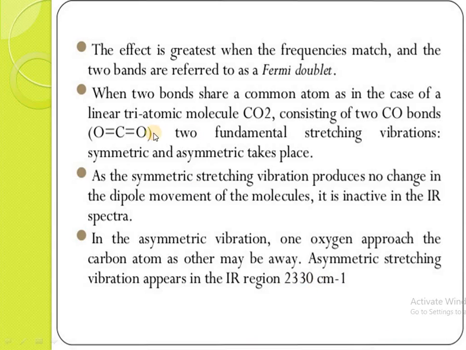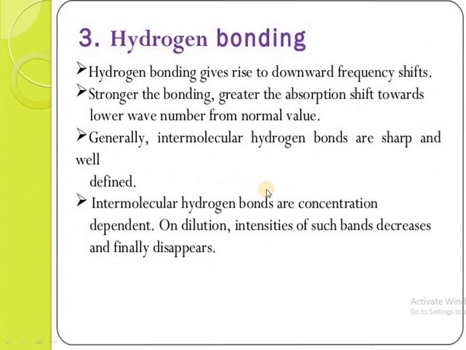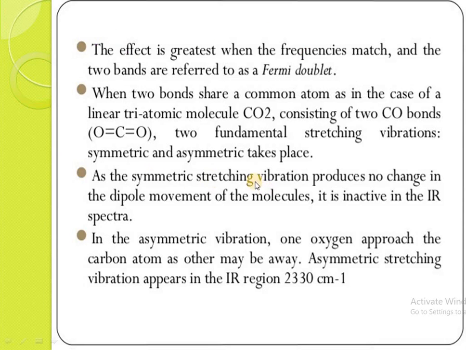So in triatomic molecules like CO2, we have two fundamental stretching vibrations, symmetric and asymmetric. The symmetric stretching vibrations have no change in dipole moment, so they are inactive in the IR spectra, but the asymmetric stretching appears in the IR region near 2330 centimeter inverse.